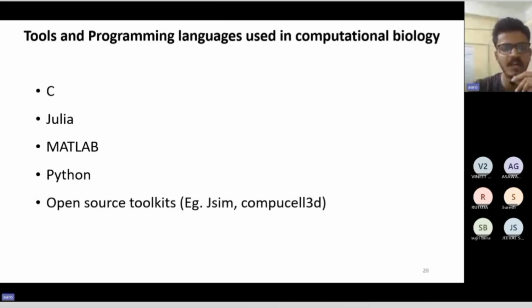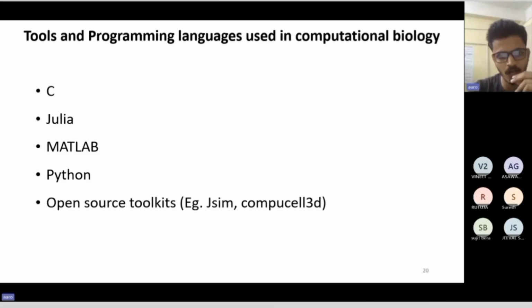Mostly in computational biology, people use C and Julia because they are very fast. This kind of simulation actually takes time. If you want to study a large system and perform different experiments, it takes time. As you know, Python and MATLAB are interpreted languages.